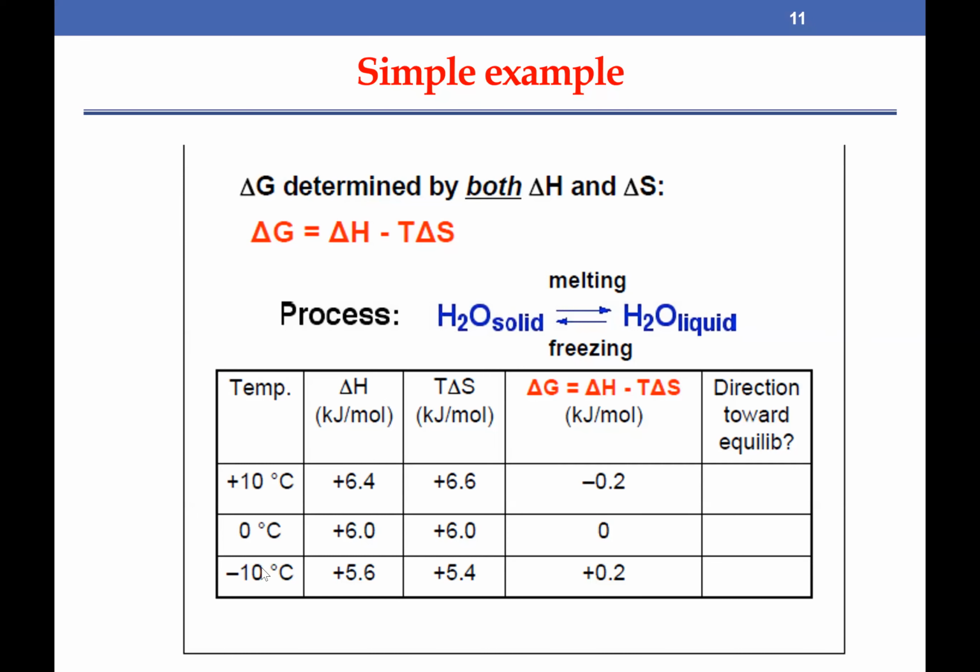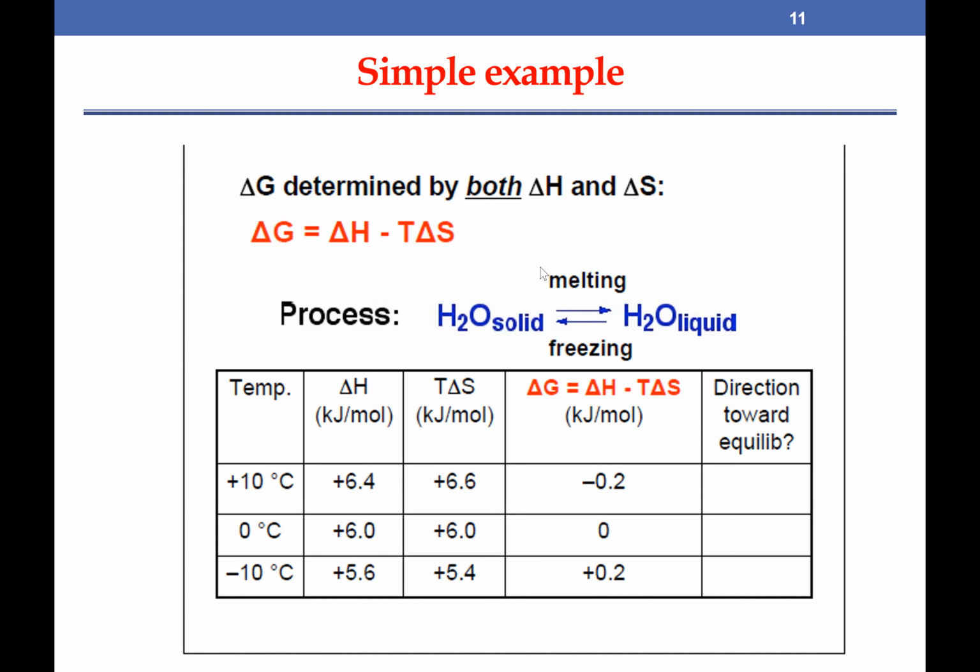And then at negative 10, again, delta H is positive. So we're taking in heat. T delta S is this. And then delta G becomes positive 0.2. Can you guys say if it's endergonic or exergonic now? Yep, so it's endergonic, which means this reaction is non-favorable, the forward reaction, right?